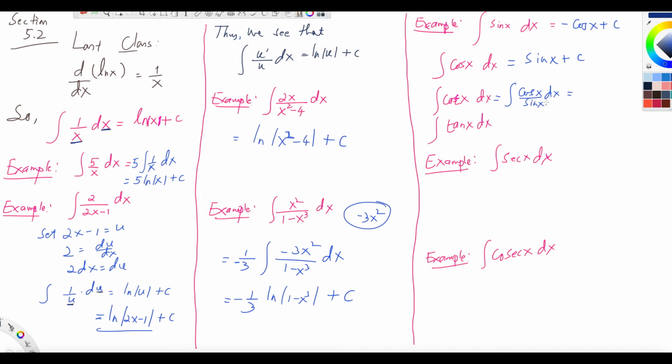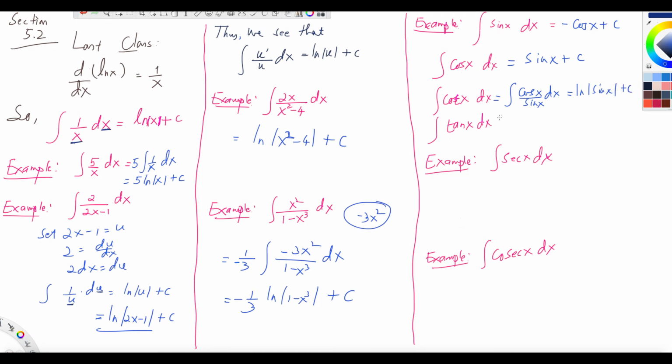Because there is a function in the denominator whose derivative is in the numerator, because the derivative of sine x is cosine x, right? If there is a function in the denominator whose derivative is in the numerator, then the integral is the natural log of the denominator function plus c. Here, that's the same thing. So you write natural log of the absolute value of sine x plus c.